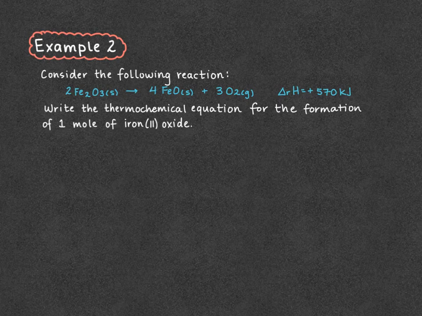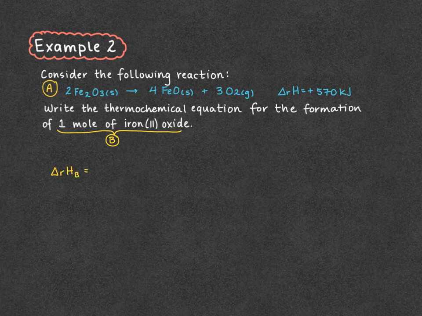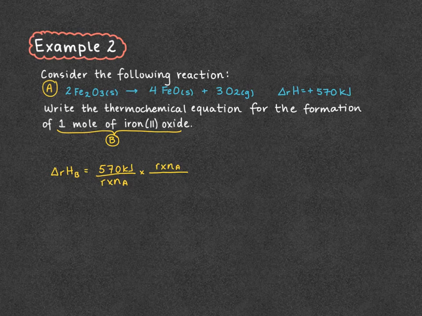So again, we're going to call this reaction A, and the reaction involving 1 mole of iron 2 oxide is going to be reaction B. So our molar enthalpy for reaction B is going to be 570 kilojoules in reaction A. We're going to multiply that by the ratio, or the coefficient, for iron 2 oxide, which is 4 in reaction A. So there's 4 iron 2 oxides in A. And then in B, there's going to be 1 iron 2 oxide.